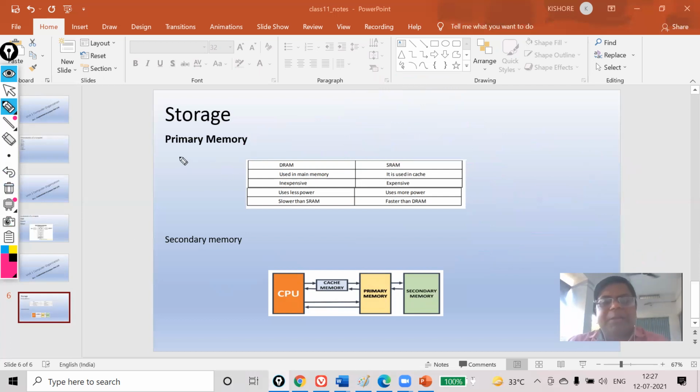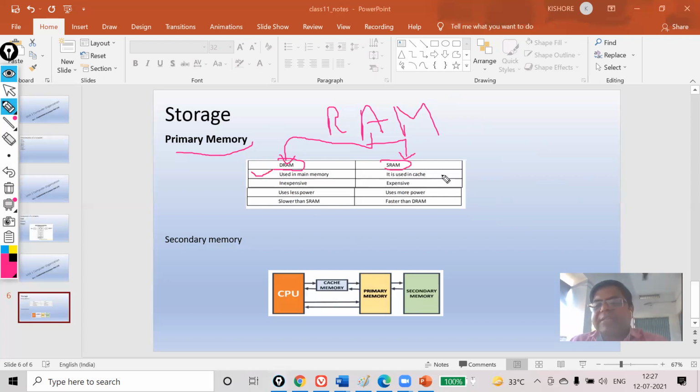Now let me give you the types of RAM. There are two types of RAM, DRAM and SRAM: one is dynamic and the other is static. What is the difference? First, DRAM is used in main memory, but SRAM is used in cache memory.